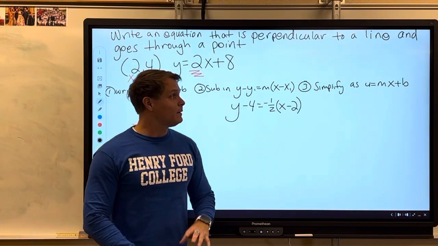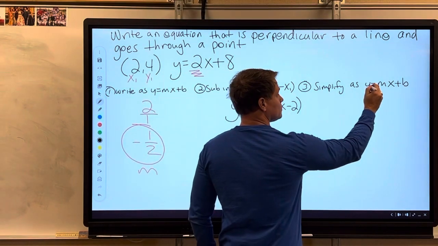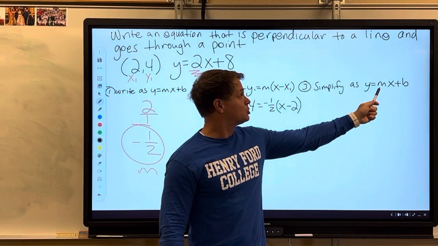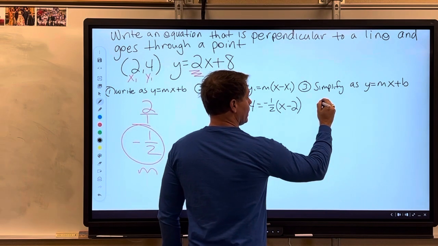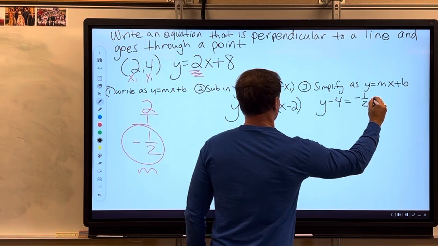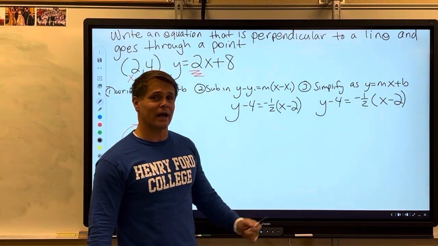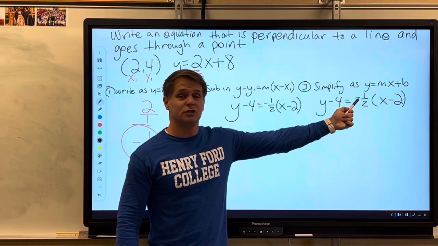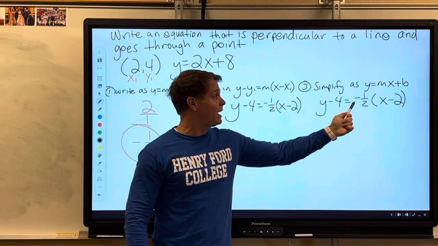Step number 3, I'm going to simplify and write it as y = mx + b, or slope-intercept form. So I take my equation, y minus 4 equals negative 1/2 (x minus 2), and I'm going to simplify it. The first thing I'm going to do is the distributive property. Multiply the x and the negative 2 by negative 1/2.